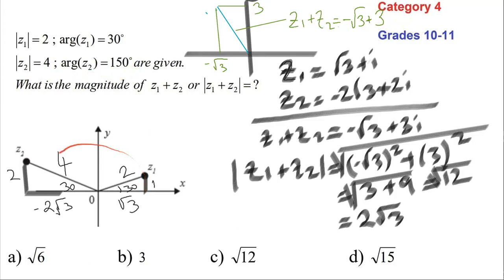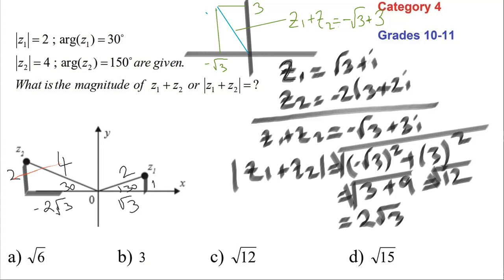So in anti-clockwise, if you go 150 degrees, you are left with 30 degrees here, because the total is 180, and the size is 4. So in short, we have two right triangles with 30 degrees and given hypotenuses. Using the special angles 30, 90, 60, the side opposite 30 is half of the hypotenuse, so half of 2 is 1, and the side opposite 60 is root 3 times the side opposite 30.